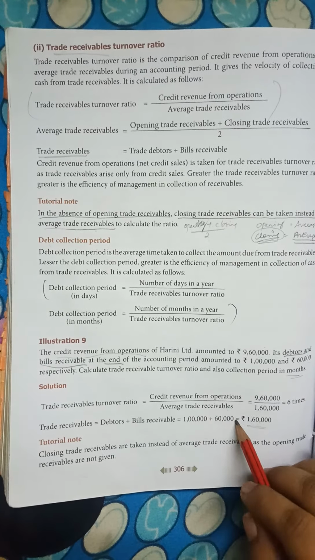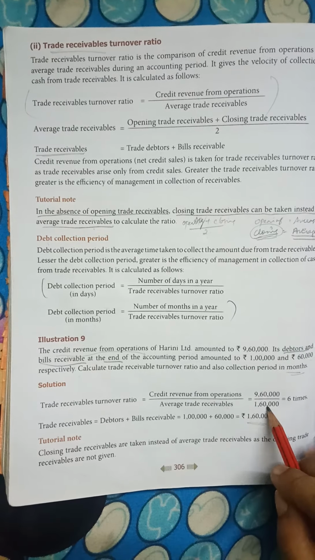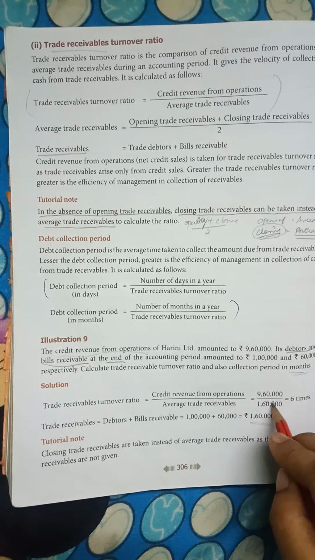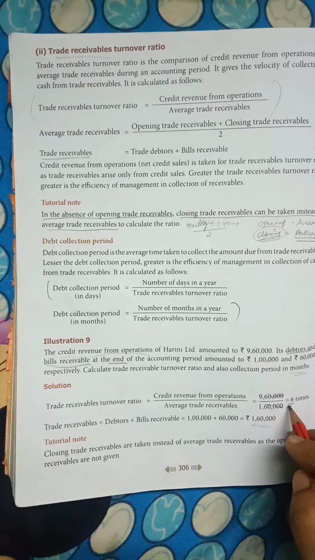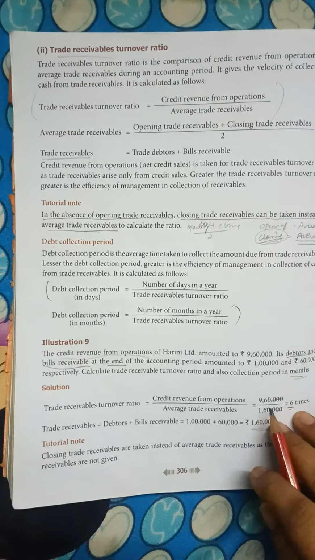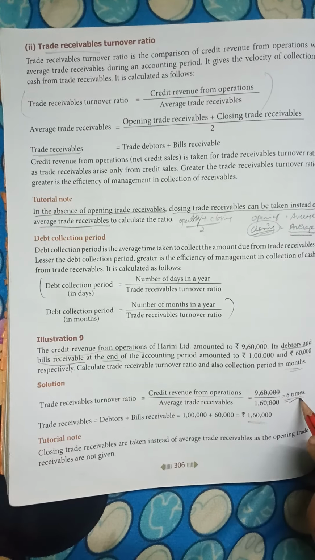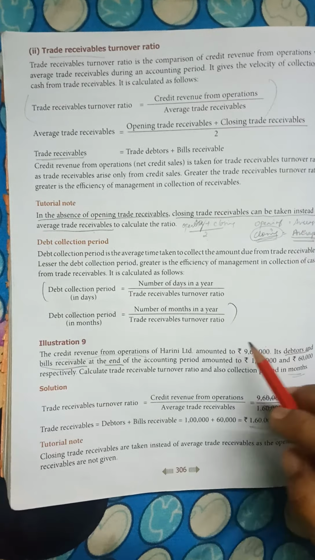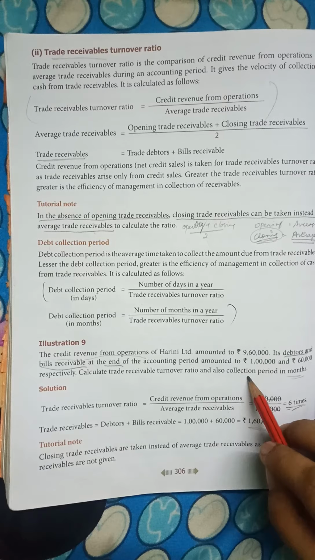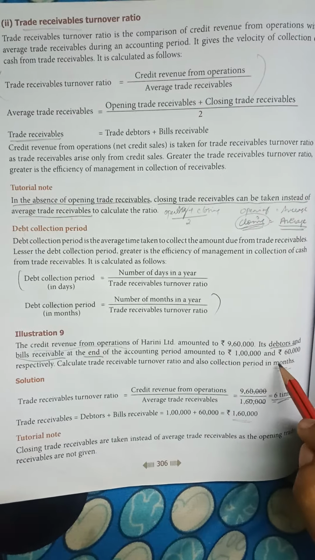Then apply this in the formula. 9,60,000 divided by 1,60,000, so you get 6. Turnover ratios should always be written in the form of times, so we'll write this as 6 times.